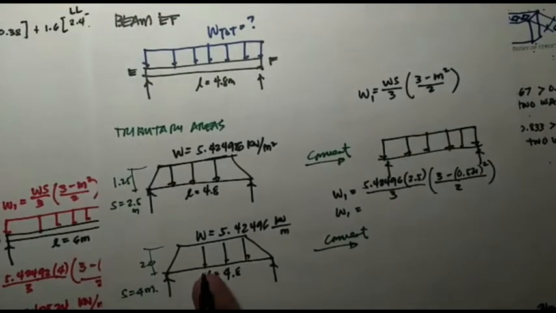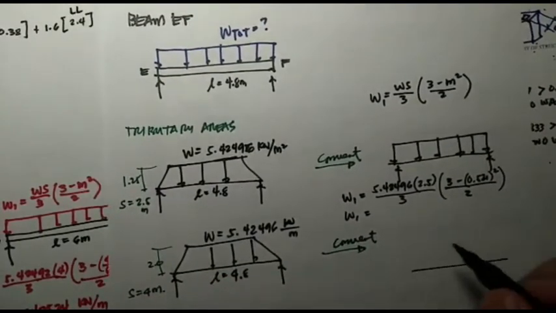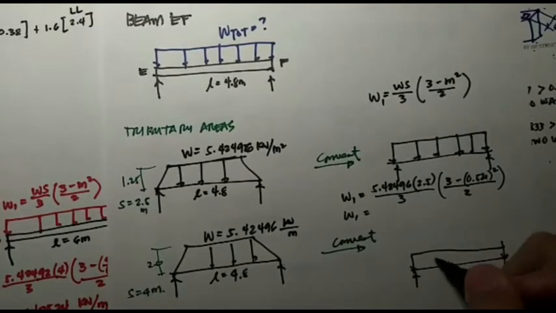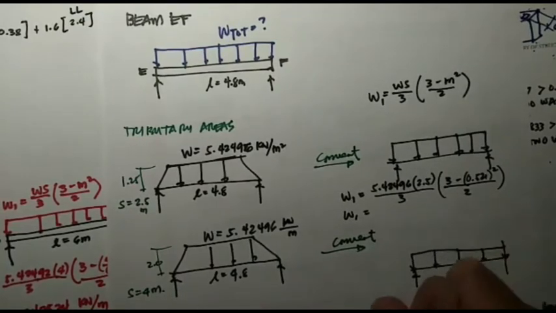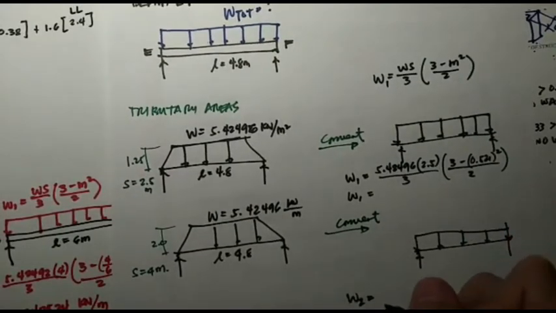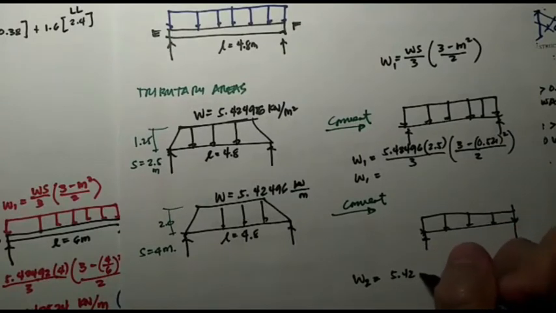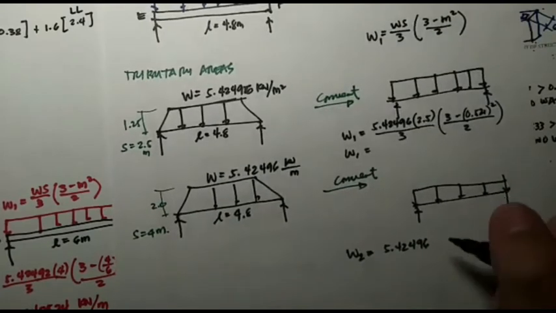Okay, so dito naman sa pangalawang trapezoid, convert din natin siya. Okay, so isolve natin, so tawagin natin W2. So again, W2 is 5.42496. Okay?